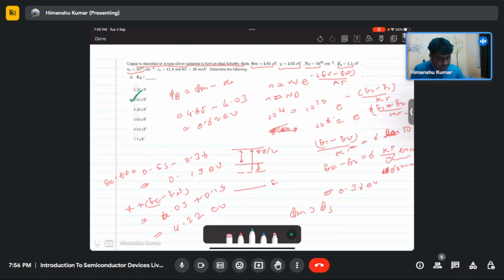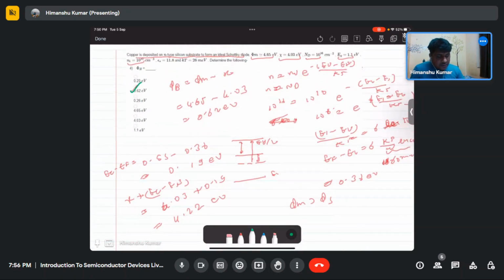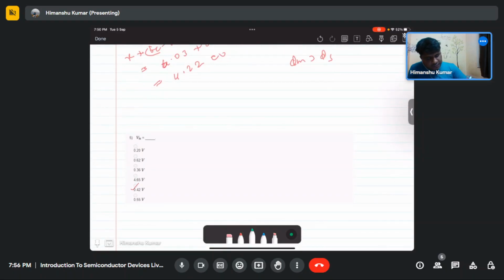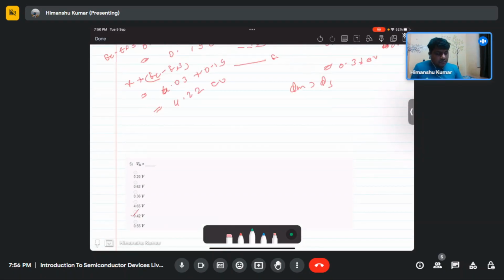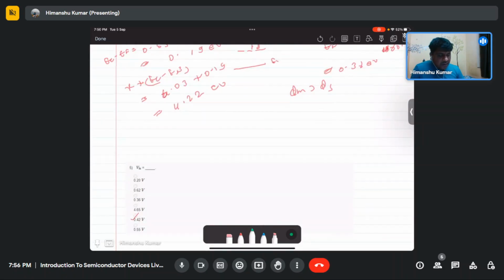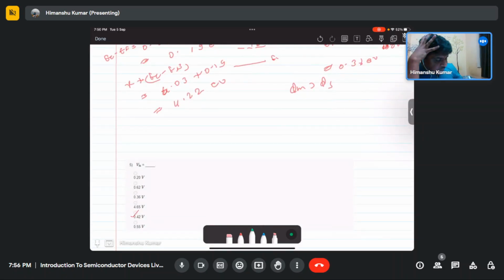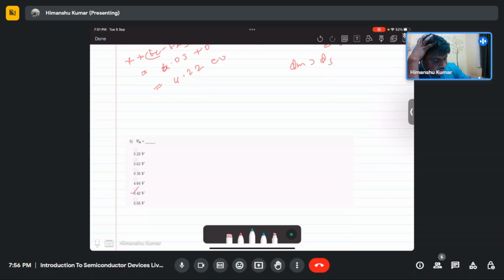Now, to find the built-in potential, the junction will form like this. This is the metal work function, this is Ec, this is Ef, and this is VBI. How can you calculate this VBI?